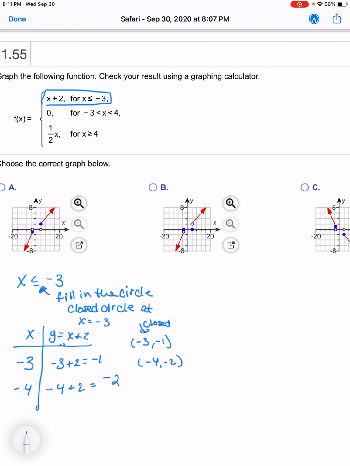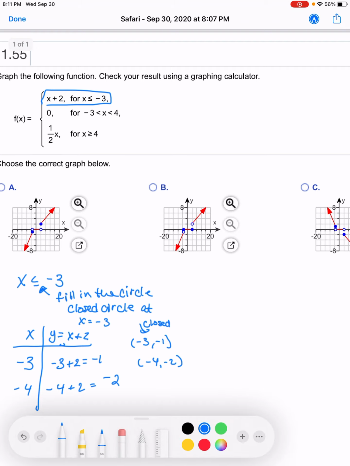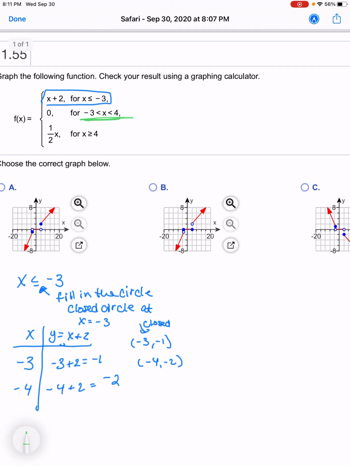Next, we want to make a t-chart for the values when x is between -3 and 4. So -3 is less than x is less than 4. Since we don't have an equal sign on either of these, we will have open or empty circles for those x values.